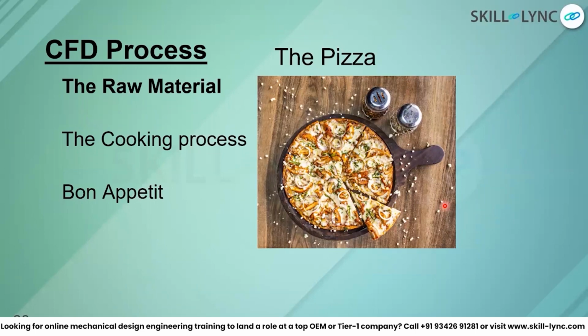If you change any ingredient in this pizza, you will still get a pizza anyway. But is this what you wanted, yes or no? That depends on how much you understand the process, the product, and what you wanted. That's the reason you need to understand all the basic laws.